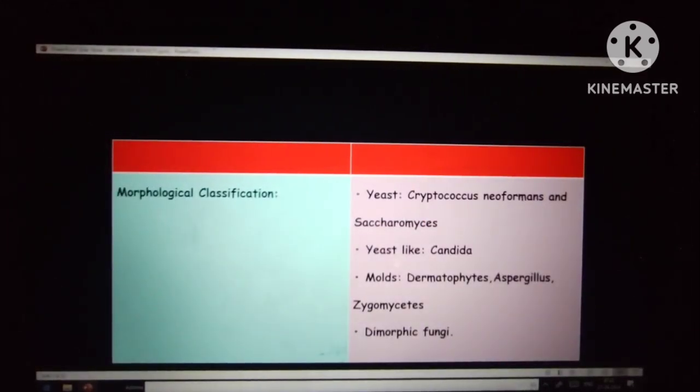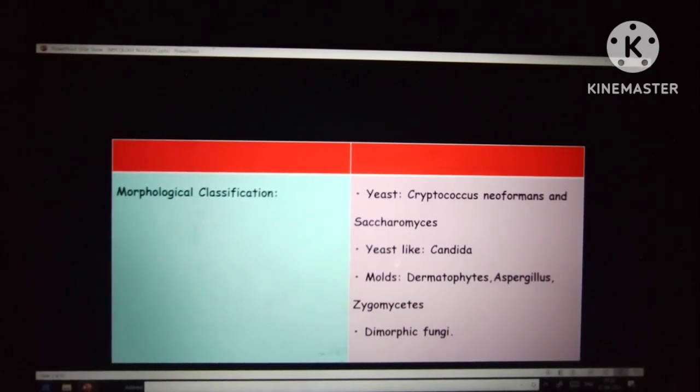So coming to some of the classification, which is important. Here you want to remember there are broadly four types. One is yeast, yeast-like fungus, mold, and dimorphic fungus. For yeast, you want to remember these two, Cryptococcus neoformans and Saccharomyces.